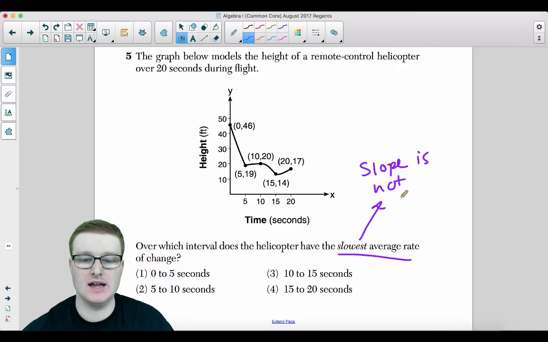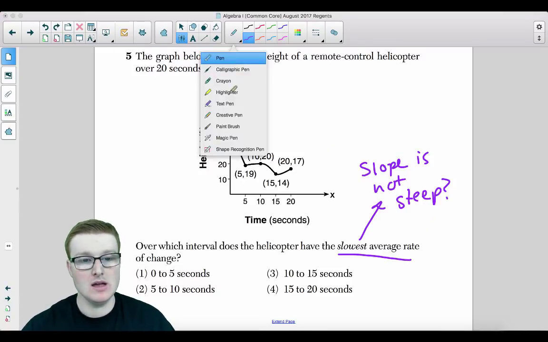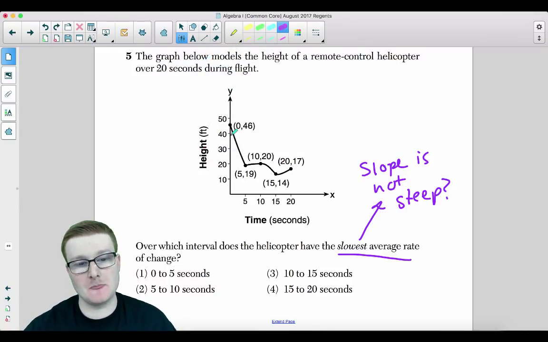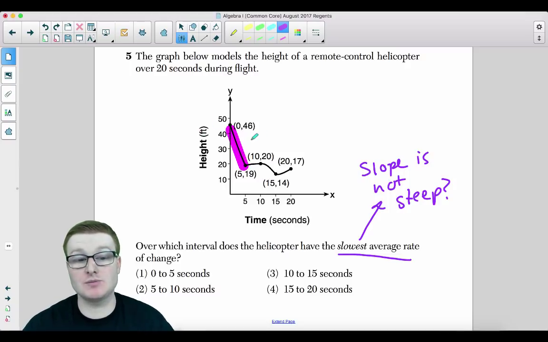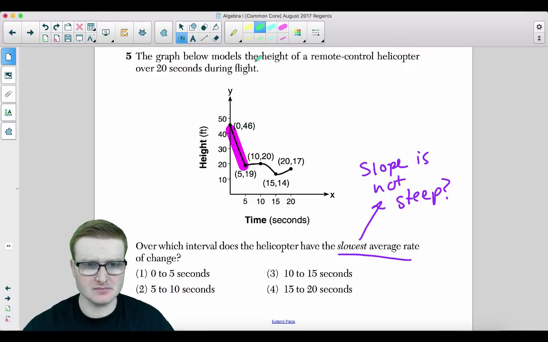So where is the slope not steep? If we take a look at all of these lines, from 0 to 5 seconds, that looks like a pretty steep slope, regardless if it's negative or not. It doesn't matter if it's negative or positive. It's just asking you for the steepness. That looks pretty steep just by eyeballing it.